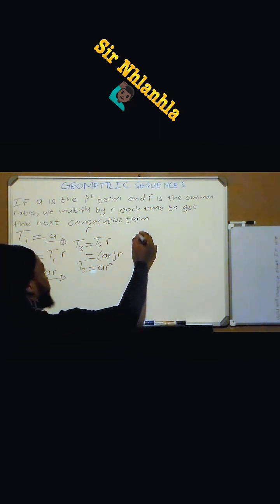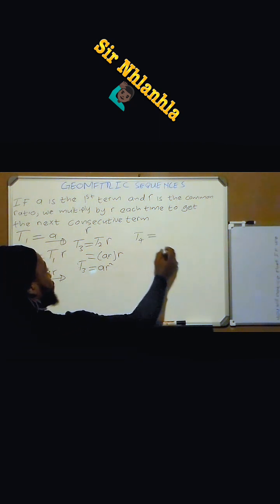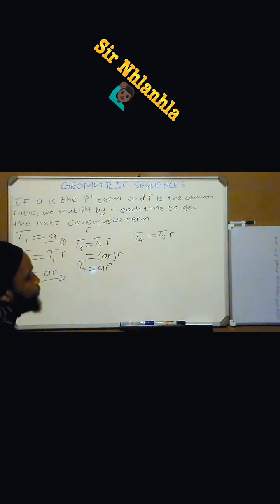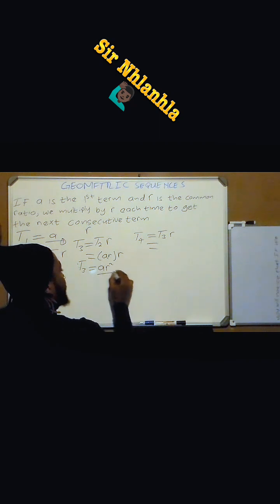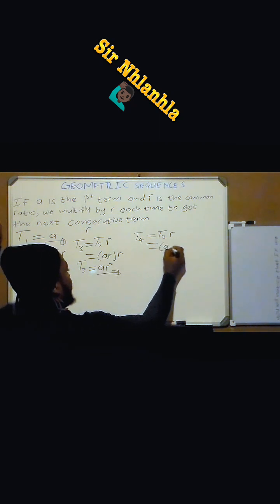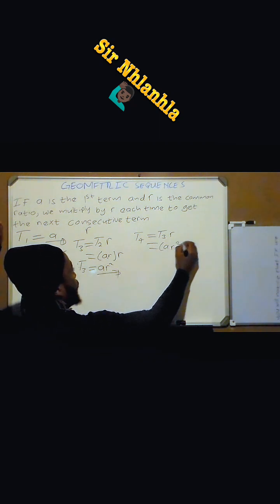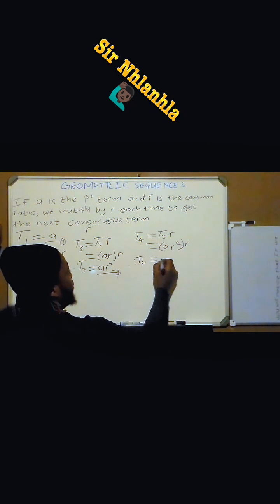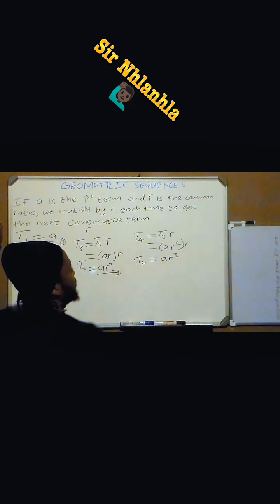We find another term, T4. T4 is equal to T3 multiplied by the common ratio r. T3 is ar squared, multiplied by r. Therefore T4 is equal to ar cubed.